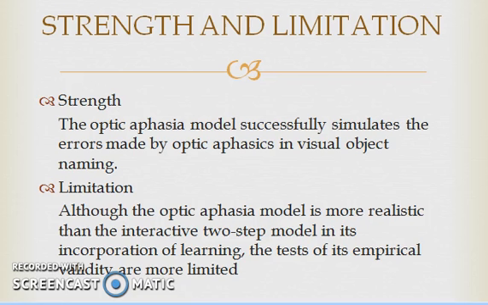Perhaps more importantly, the model's predictions were not systematically tested. Also, this model only simulates one kind of aphasia, and so it is only in conjunction with other simulations that it moves towards the holy grail of developing a single computational framework that can account for a variety of aphasic data.